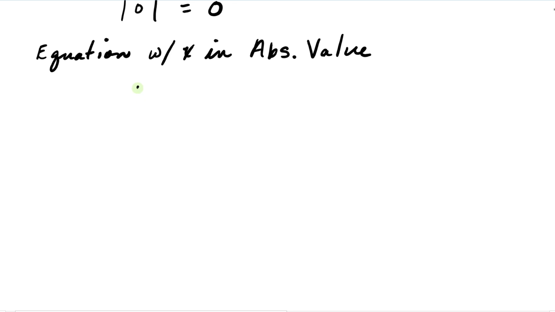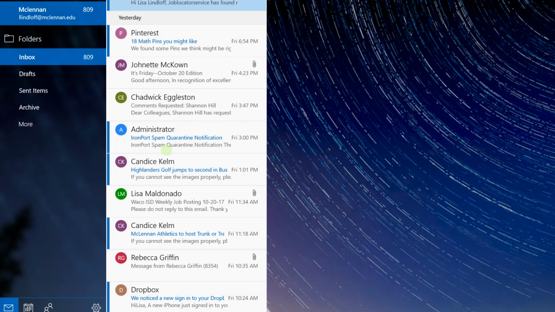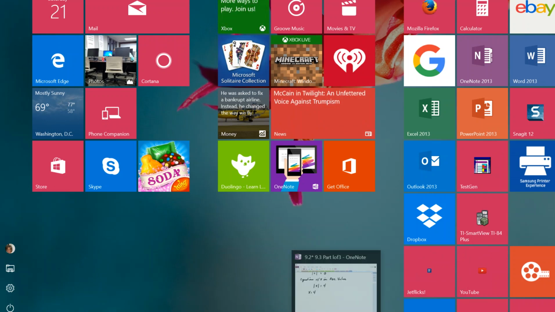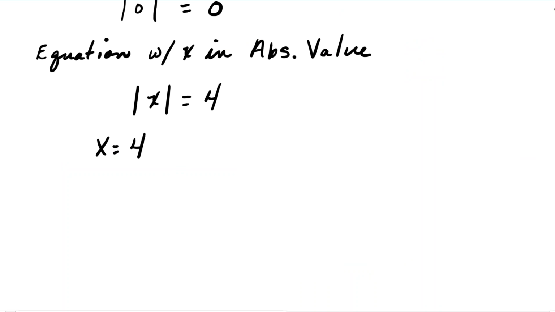If I have the absolute value of x is equal to some kind of positive number, let me say 4, then it is true that x could be 4, and that would be a solution because the absolute value of 4 is 4, or x could be negative 4.